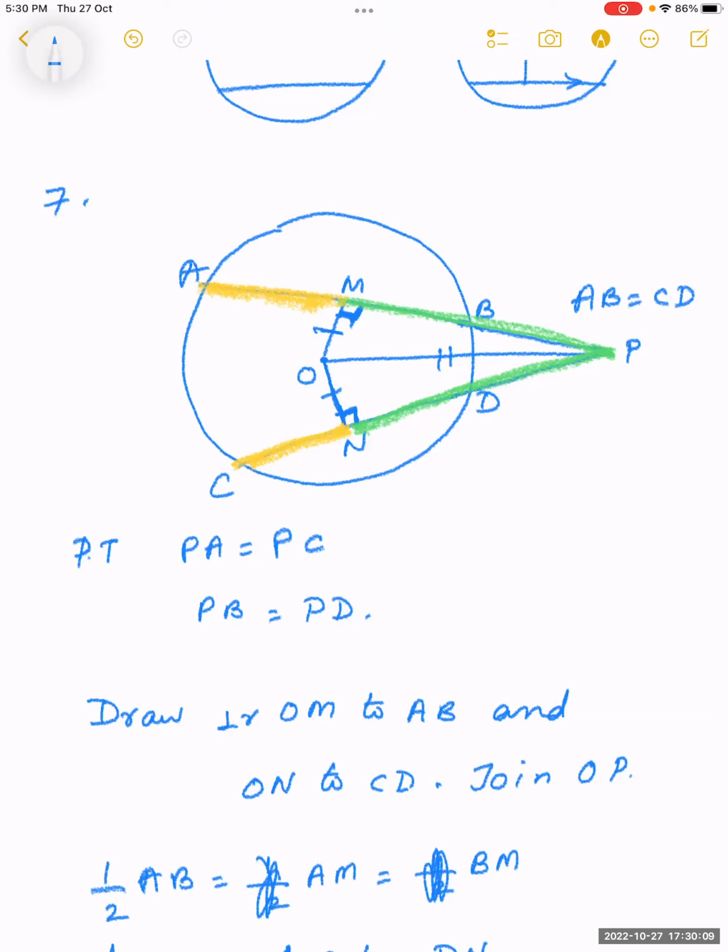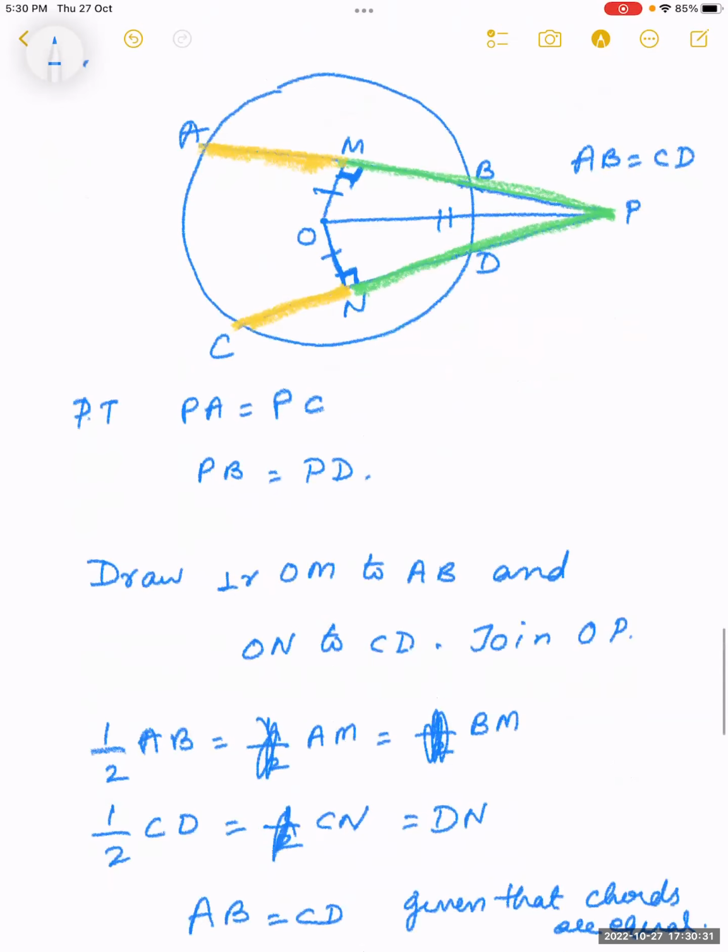Now I'm adding AM and CN to PM and PN. When I add AM to PM, I get the entire AP. When I add CN to PN, I get the entire PC. So that's how I get PA equal to PC. Got it?